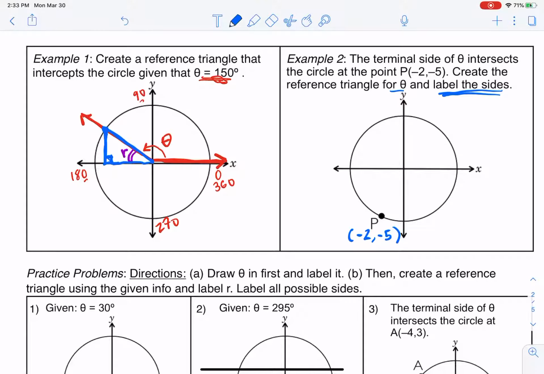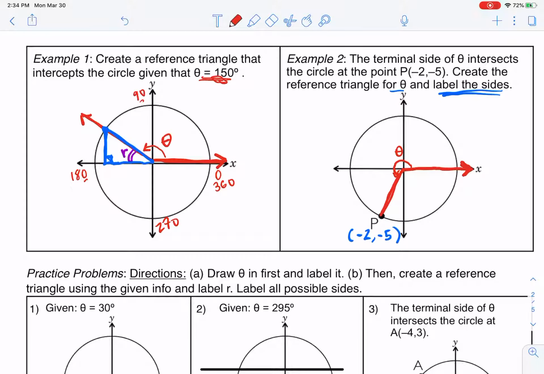Now I'm going to sketch in theta. Theta extends from the initial side, which is the positive x-axis, all the way to a terminal ray that intersects point P. I'll indicate that as theta.